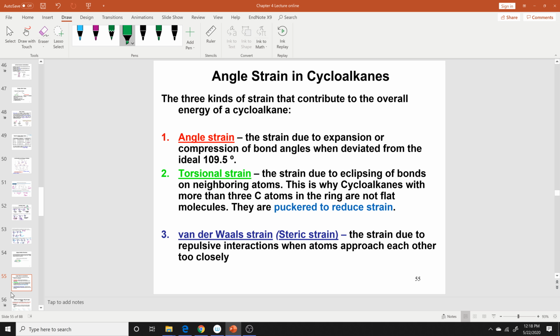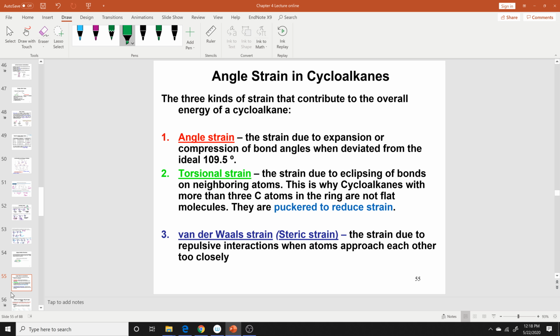The torsional strain, which is caused by eclipsing of the bonds, and the steric strain, which is caused by the London forces or the van der Waals forces whenever two groups come close to each other, as in the case of gauche. Whenever you have two CH3s or two Cls in there, they will have some van der Waals interaction. Or if they have a zero dihedral angle, they are very close and aligned, they will also have a type of steric strain.